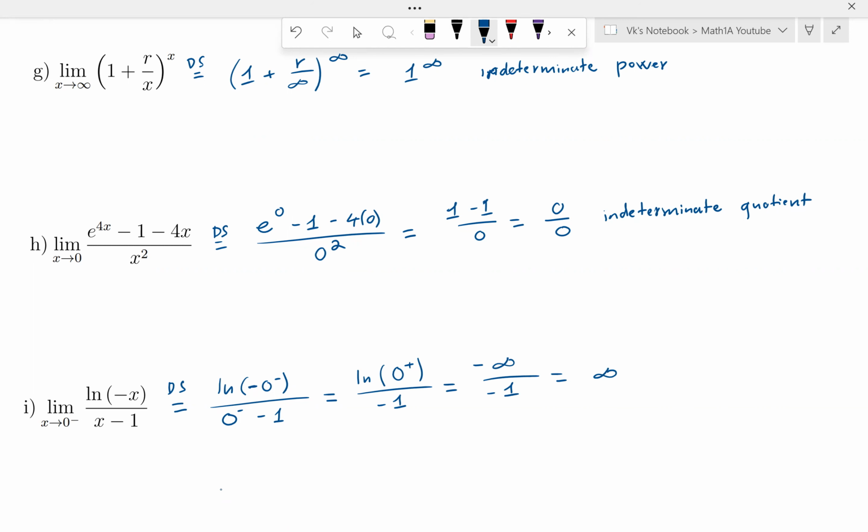And that is just infinity. It has no indeterminate form. The limit is just infinity.